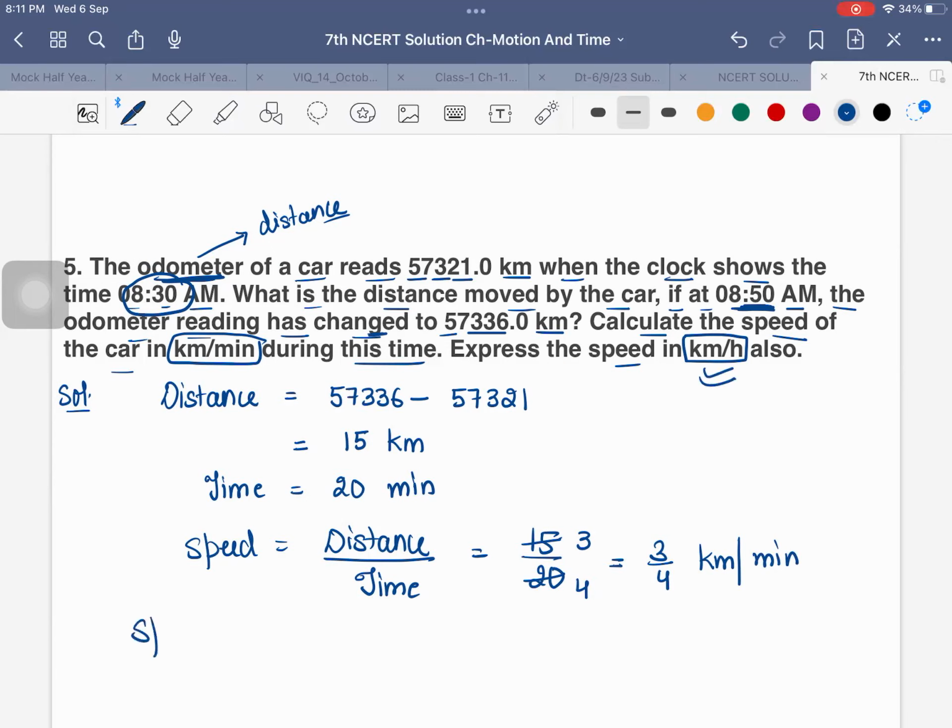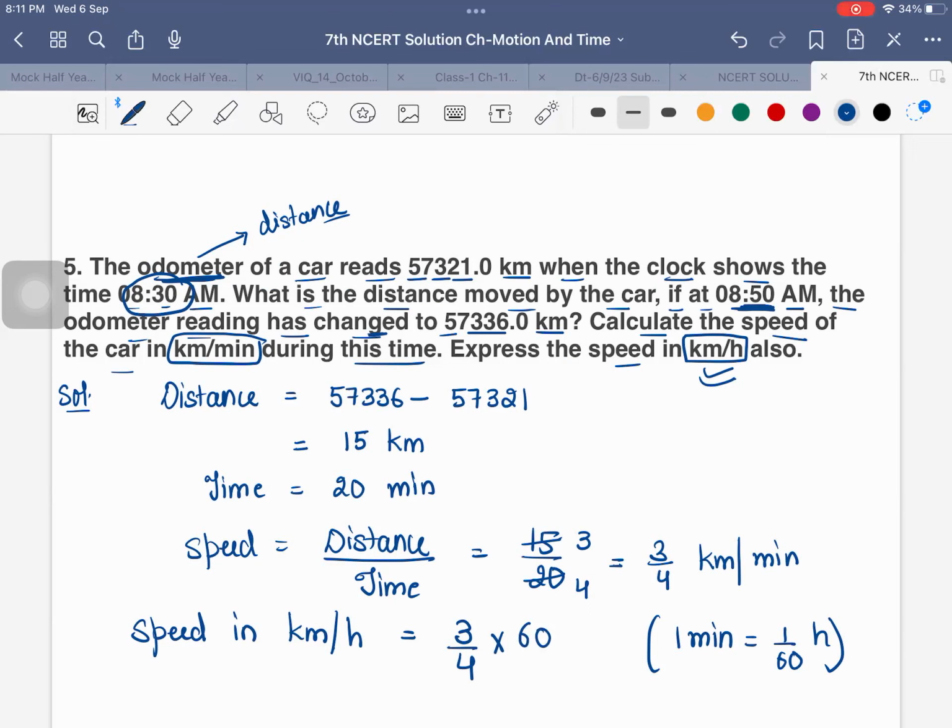So speed in kilometer per hour is equal to 3 upon 4 multiplied by, we know that in 1 minute, how many hours are there? So in 1 minute, 1 upon 60 hours are there. So we have to multiply it by 60.